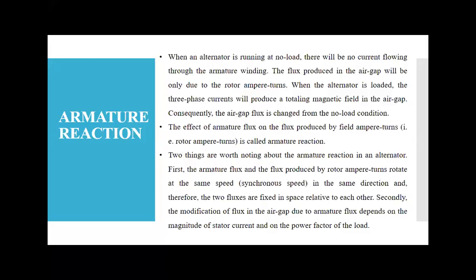When you distribute your winding, there is a distribution factor denoted by KD. When you short pitch your winding, there is a pitch factor, KP or KC. Up to that, we already learned about the EMF equation.